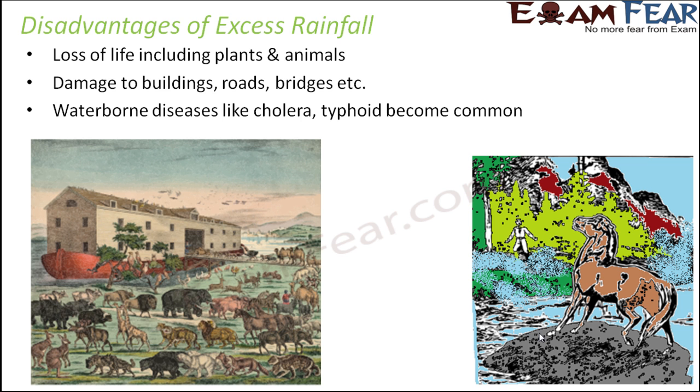Waterborne diseases like cholera and typhoid become very common. That's because when there is so much water everywhere, all the water gets contaminated with different types of harmful substances. Those waters might kill animals, and the dead bodies of the animals will remain in the water. So basically the water is getting contaminated with harmful substances.